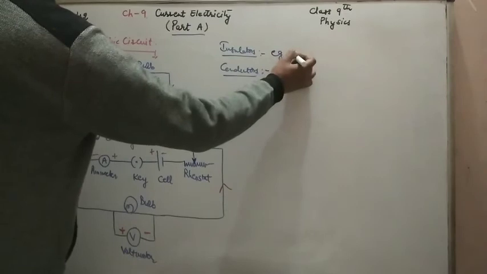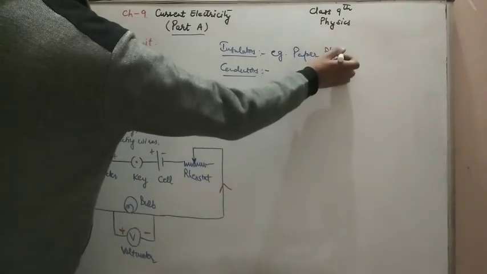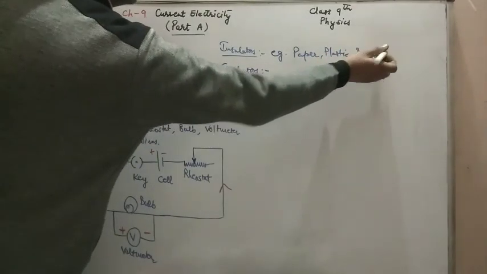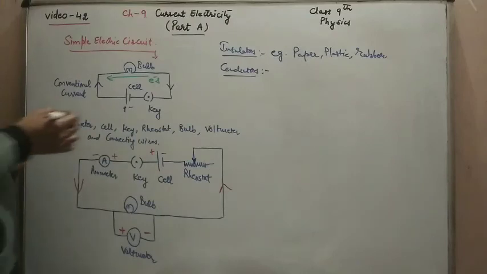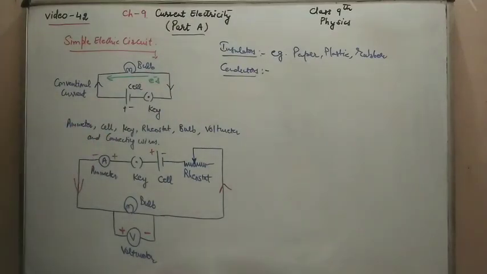Examples are paper, plastic, rubber, etc. Conductors are those materials or those substances which allow the current to pass easily through themselves, are called conductors.